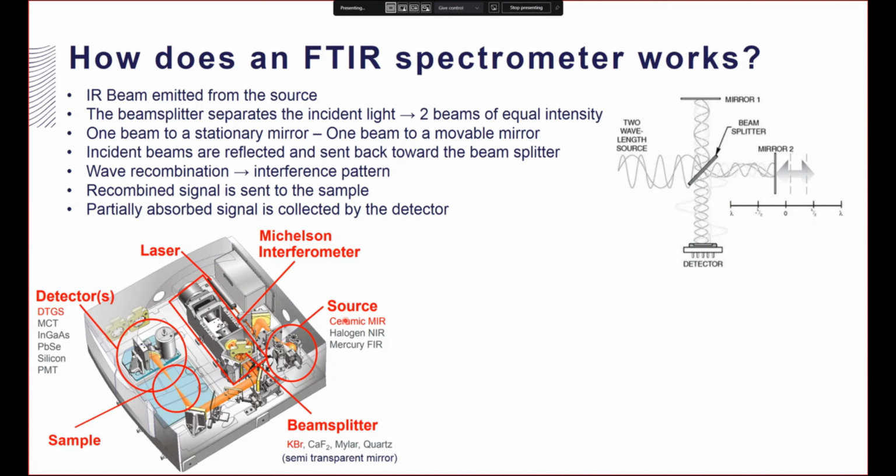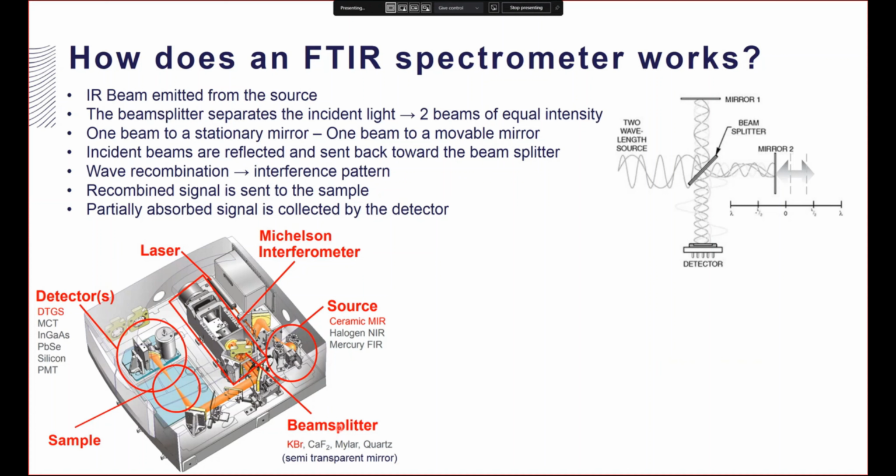So how does an FTIR spectrometer work? Basically, we have an infrared source located in a special place of the instrument, which emits an IR beam. And then this beam, through some mirrors, enters the core of the instrument, that is called the Michelson interferometer. In this interferometer, there is a semi-transparent mirror called a beam splitter. It can be constructed in different materials. This beam splitter separates the incident light into two beams of equal intensity.